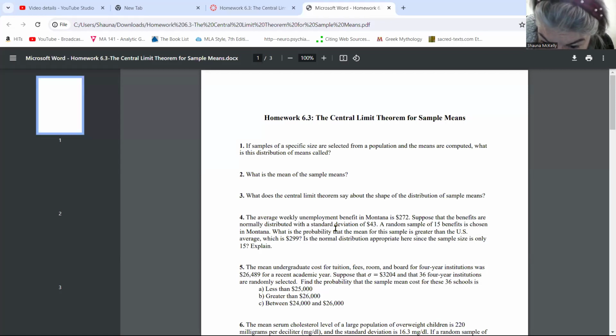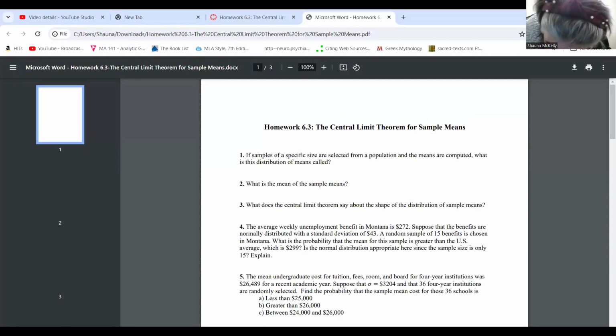The average weekly unemployment benefit in Montana is $272. Now, whenever you read a problem in statistics, especially from here on out, I want you to go on the saying that everything means something. Every shred of something means something.